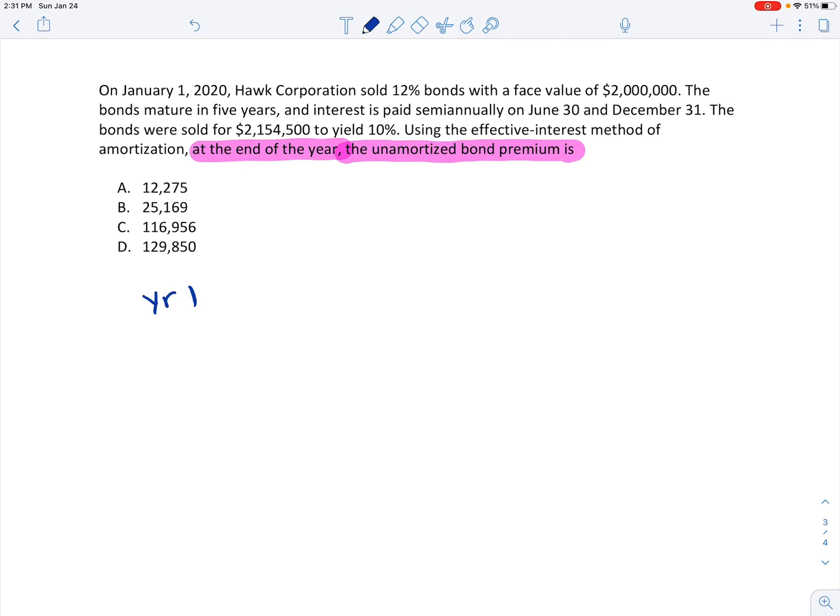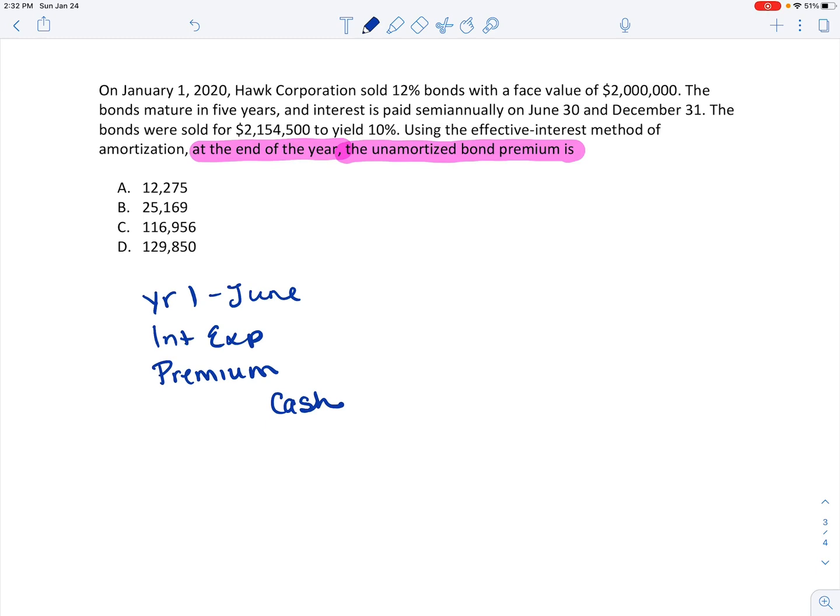So this is in June. I should say year one in June. We have our interest expense. We're going to then amortize that premium, which is going to be a debit, and have that cash amount.